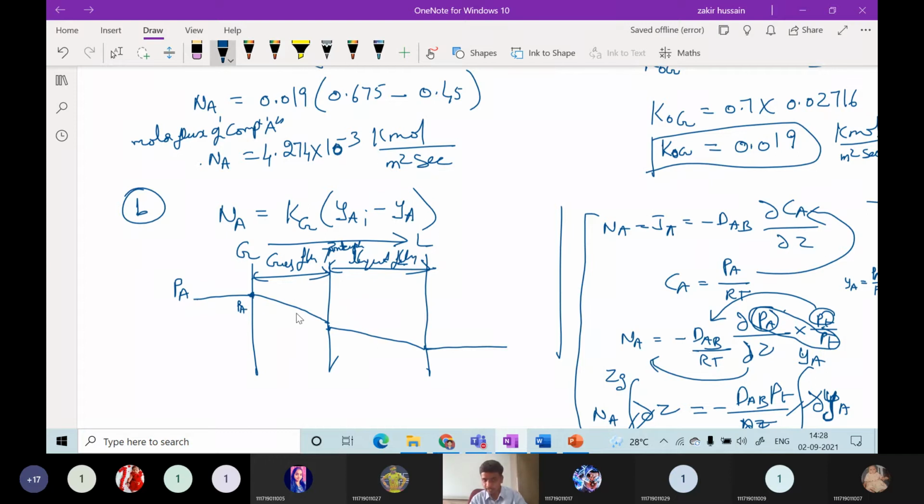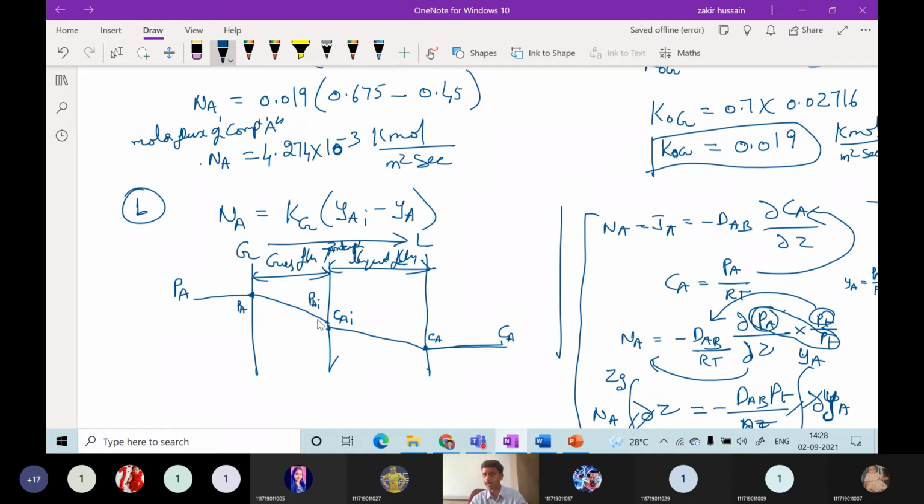After that a drop in concentration or pressure will be observed. So this is PAI, because it is the interface, where the change in phase is there. This is liquid phase, this is gas phase. For the liquid phase, concentrations will be expressed as normal, CAI. Then after reaching here, it will be CA, and throughout the bulk of the liquid phase it is CA. Here also PA.